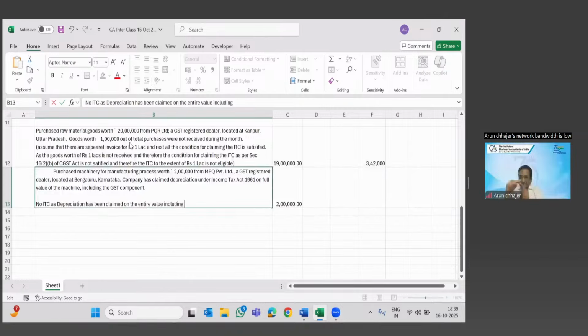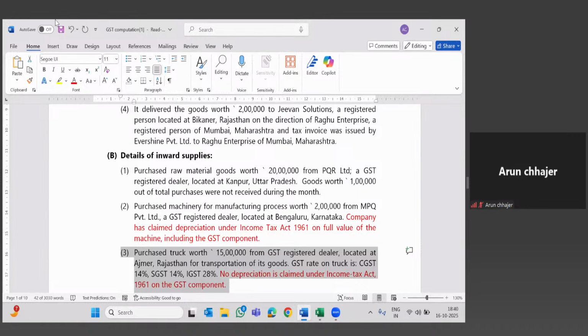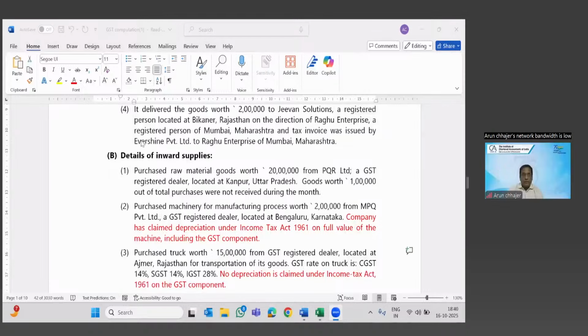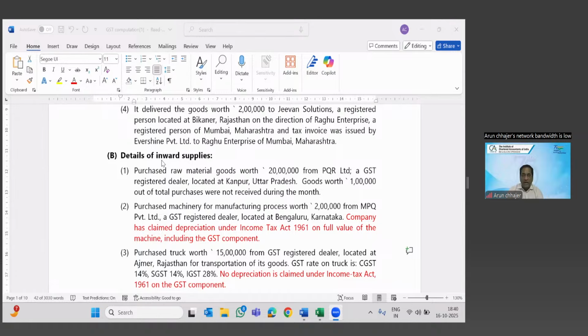In this case, would ITC be available or not? Answer is available. There is one big doubt among our students.